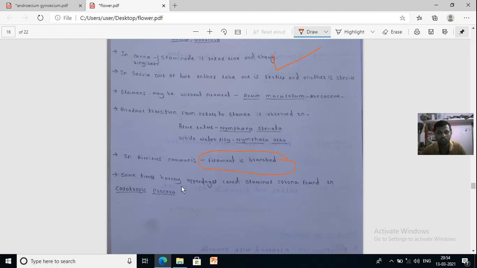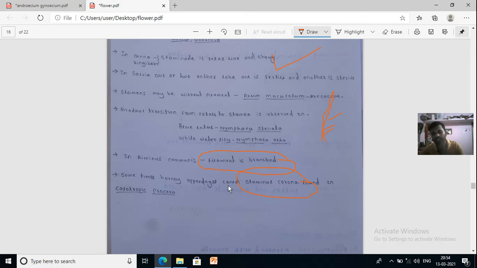Sometimes horny appendages called staminal corona are found in Calotropis procera. If there is any hair-like outgrowth on the stamen, it is known as the staminal corona. The corolla corona we have already discussed when discussing the corolla, but here it is about the staminal corona.